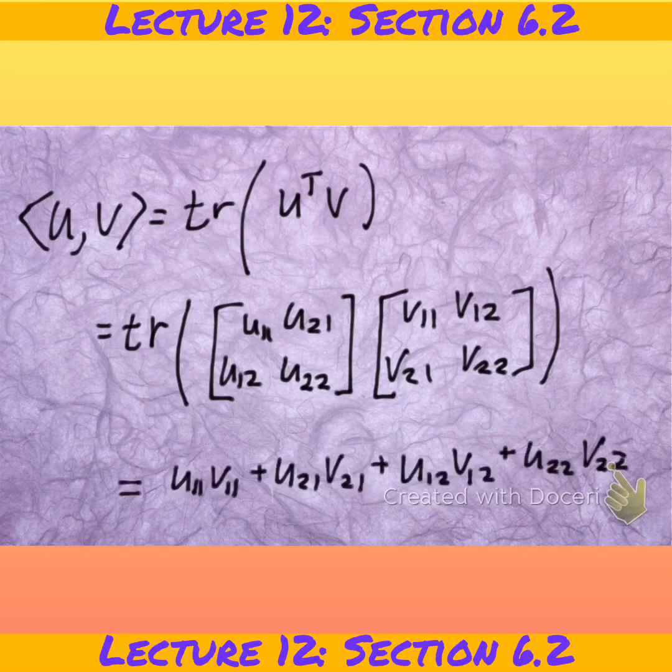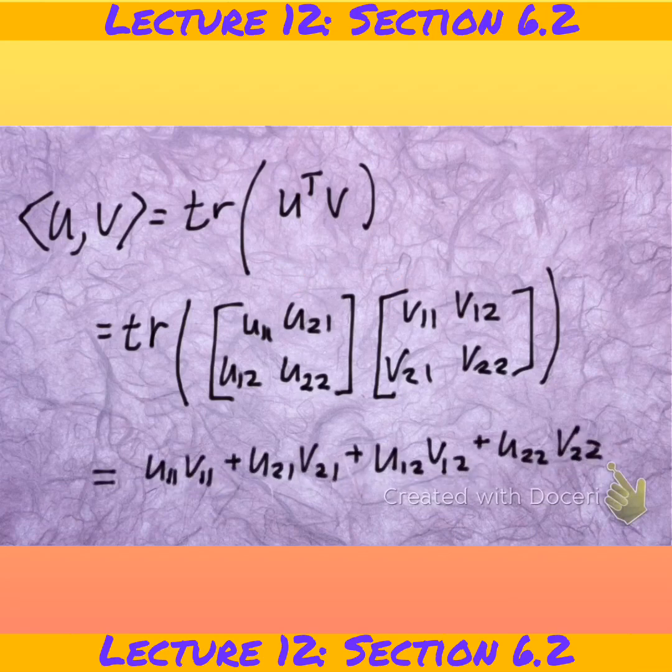Right, so what's the sum of the diagonal entries? You first multiply the first row with the first column, and you sum the two together. That's the entry in the first row, first column, so it's u11 v11 plus u21 v21.